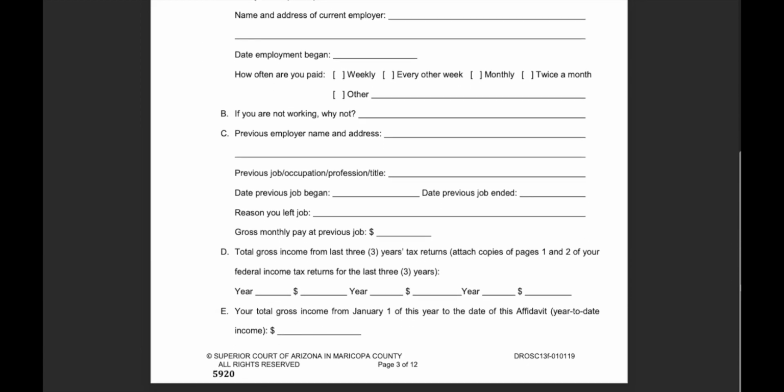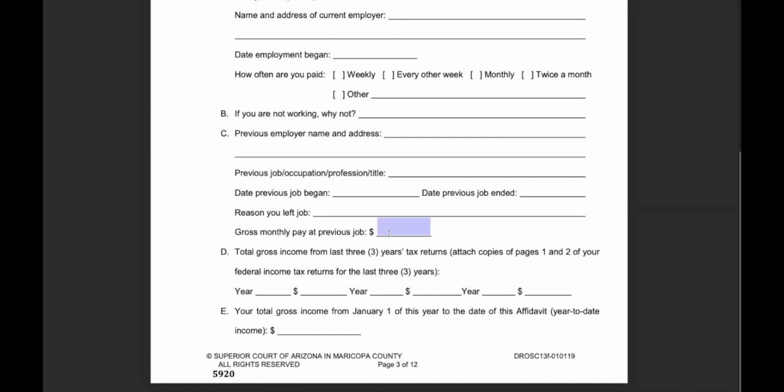If you have a rough estimate of the date your job began, that would be great. Usually people oftentimes don't remember, so a month and a year is going to be best for both these lines here, and reason you left job. So if you left because you had a baby, or you have medical reasons, or you ended up retiring, please indicate this on this line.